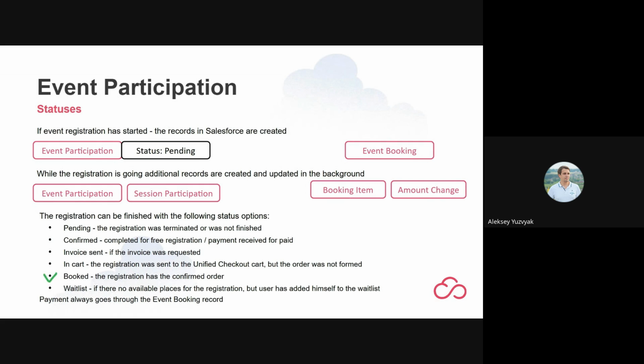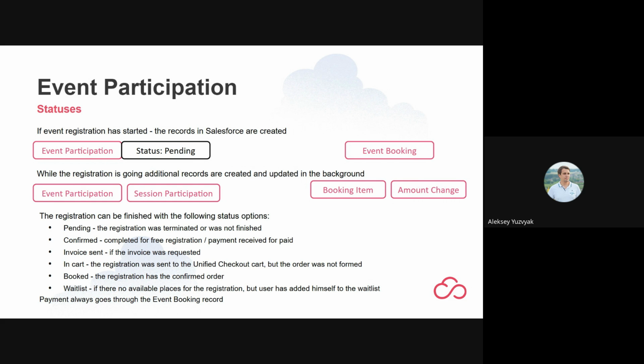Booked. This status is assigned to event participants who actually added to the cart and confirmed their order. But probably something went wrong and they don't have additional funds for paying right now, but the order was created and confirmed from the user side.